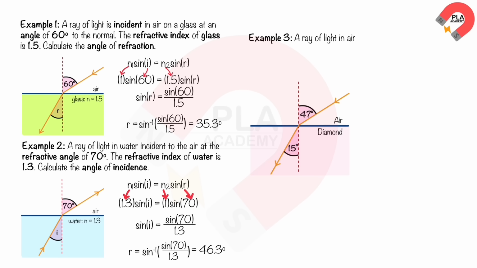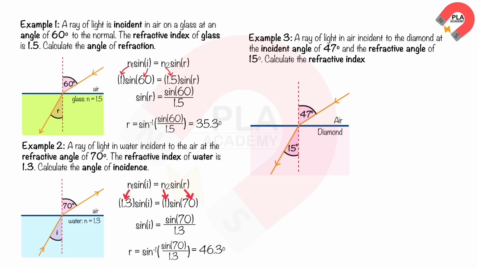Example 3. A ray of light in air is incident to the diamond at the incident angle of 47 degrees and the refractive angle of 15 degrees. Calculate the refractive index and the speed of light in the diamond. From Snell's law, substitute N1 equals 1 for air, I equals 47 degrees, and R equals 15 degrees.